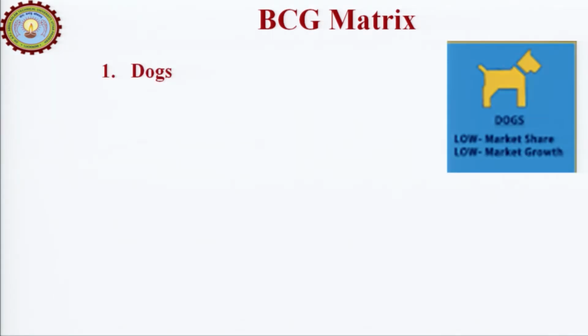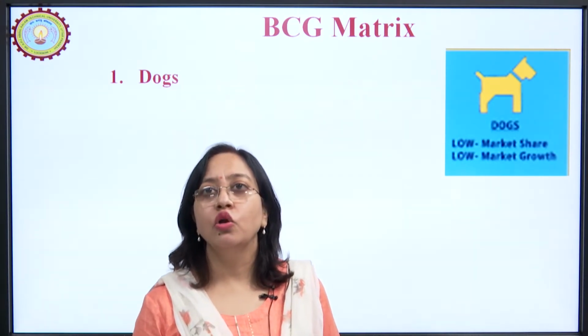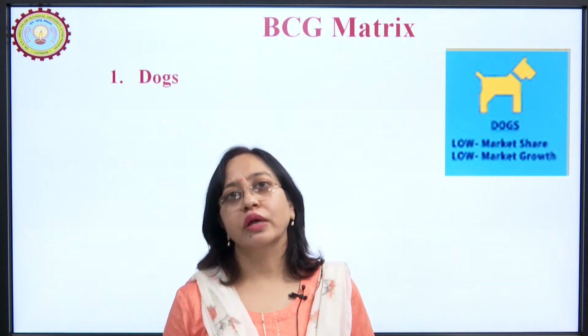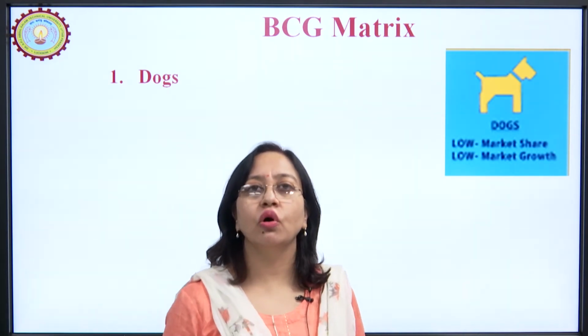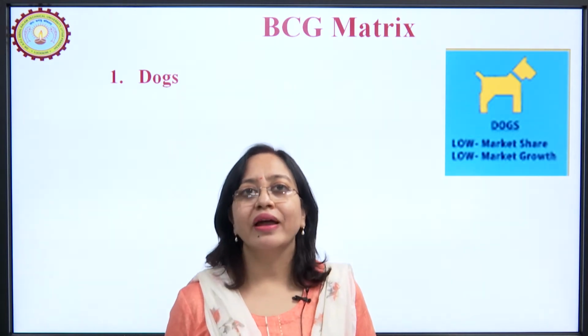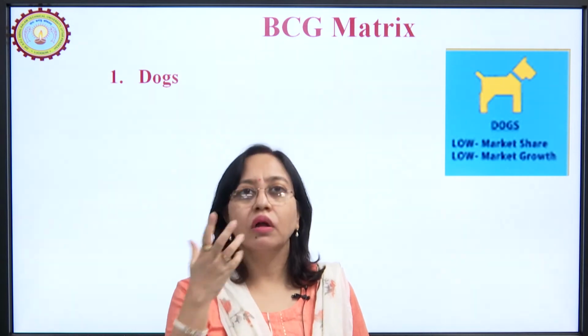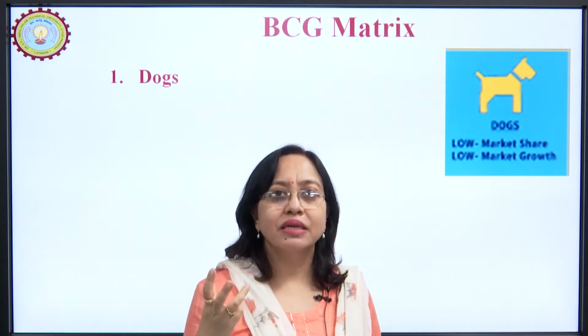First, we take dogs. Now, in the earlier slide, we saw that dogs are characterized by low market share and low market growth also. The industry attractiveness is low and the market share is also low. So, it is very obvious why the word dog has been used: you are not very happy with the business.